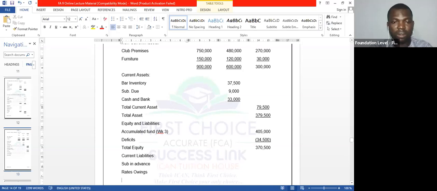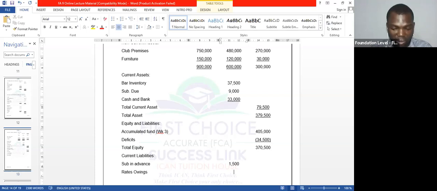Yeah, that should be all. So what is our subscription in advance? It will give us a total of 15. Our rate owing is what? Rate owing is 75, looking at it under 31st March 2016.